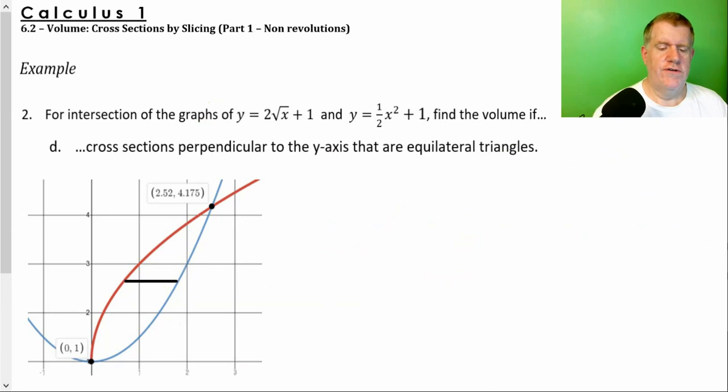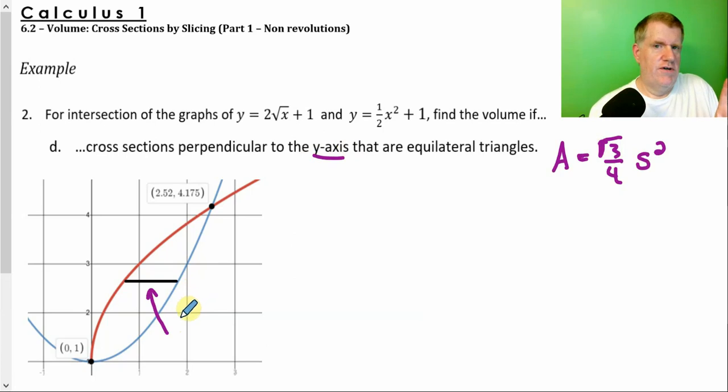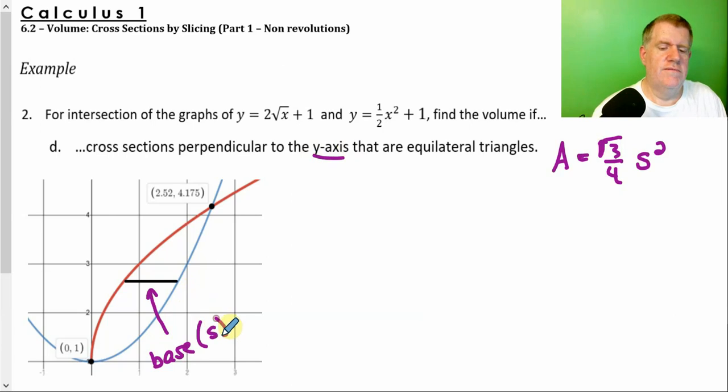Equilateral triangles. Remember that really weird formula for equilateral triangles is the square root of 3/4 side squared. Cross sections are perpendicular to the y-axis. So this is, even though I can't see it three-dimensionally, that's the base of my triangle. So that's the base, which we call the side. Okay. The volume will be the integral of this.